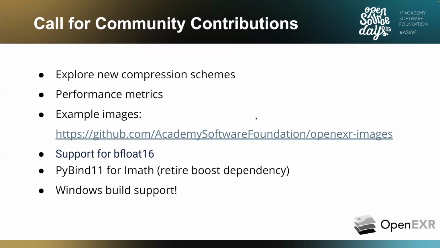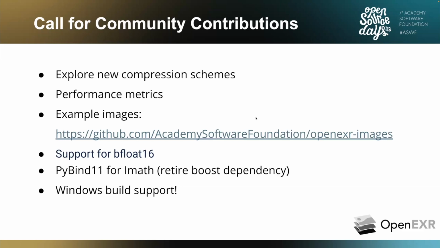Moving down the wish list, the IMath Python bindings rely on Boost, which is kind of a pain. We would love to be free of that, and so we've thought about re-implementing the IMath Python bindings using PyBind11. We're waiting for somebody in the community to step up and take that on, but we'd love to collaborate.